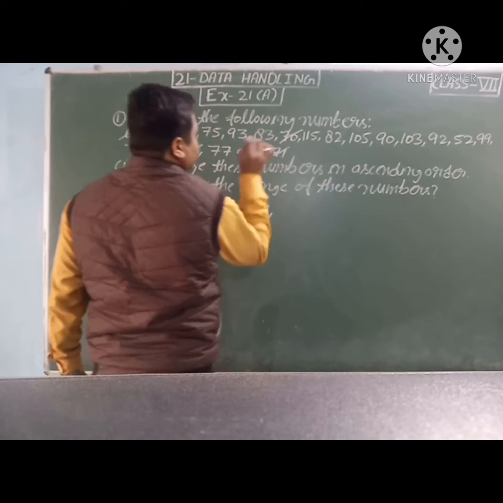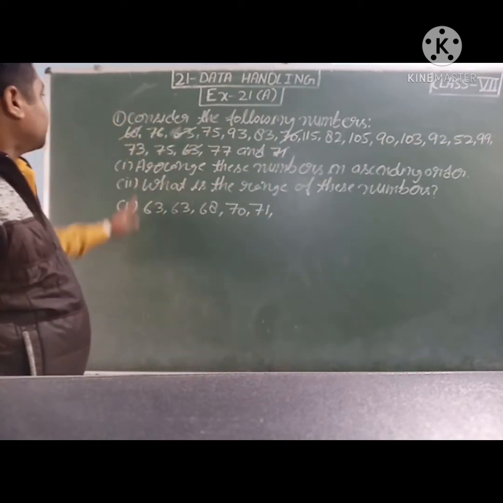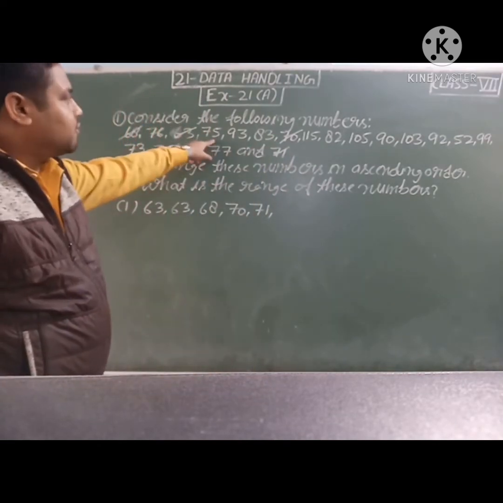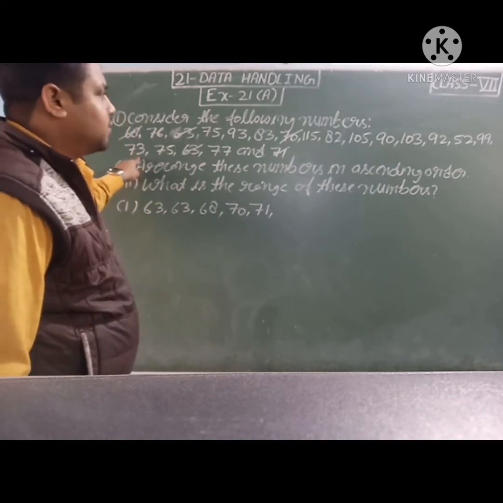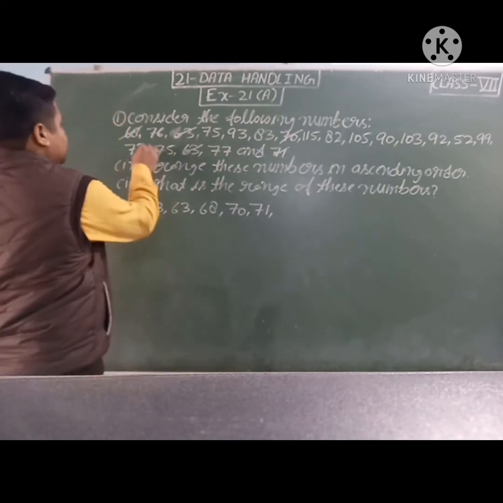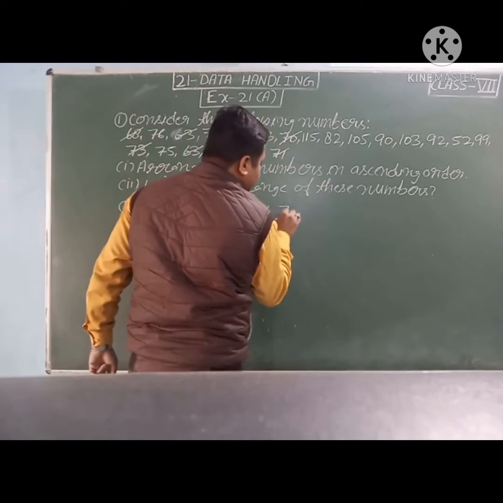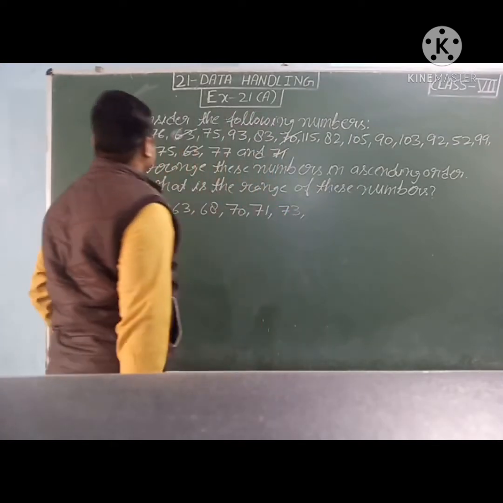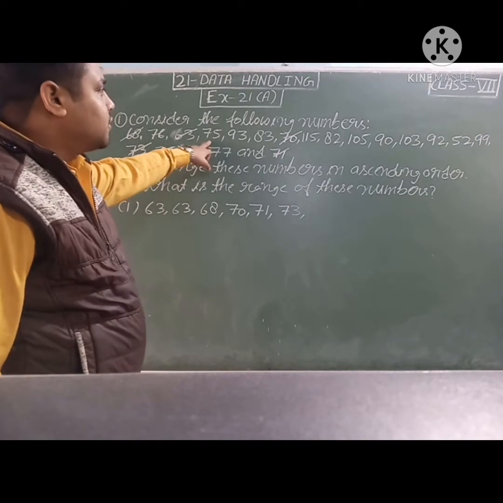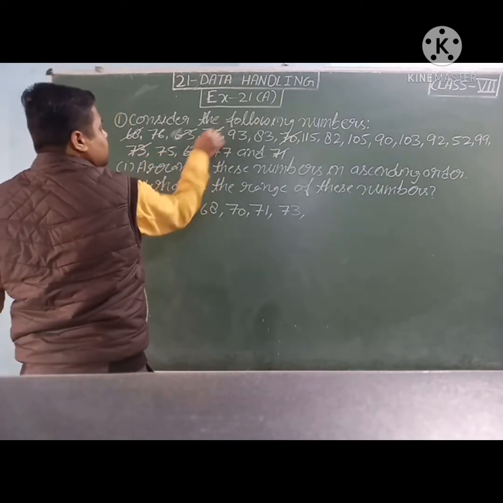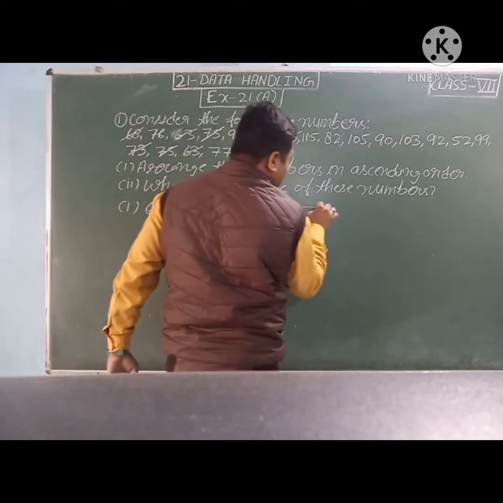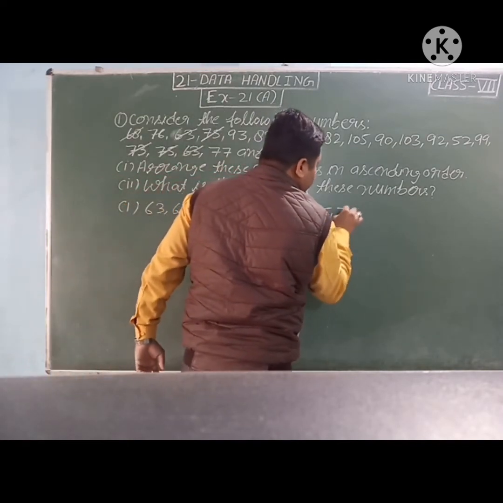We will cut this. Then any other number? 75, 73. Yes, 73. So we will take 73. Next, 75. Two times 75. So we will cut both 75. 75, 75.